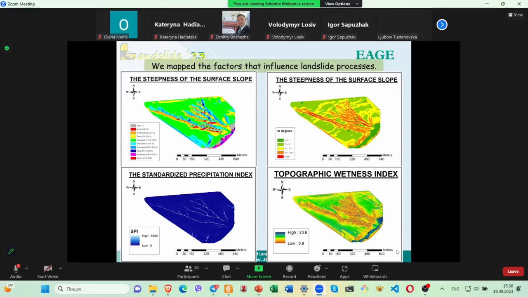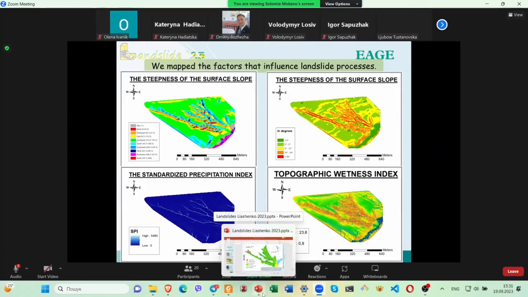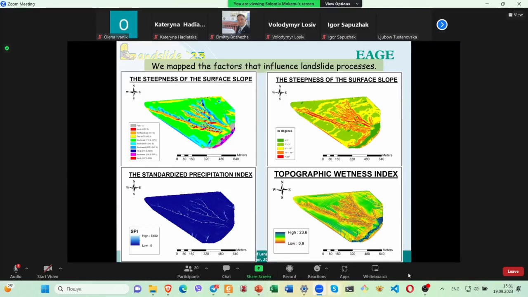The TWI map is comparable with the slope map, as steeper slopes have less moisture. The development of landslide processes in the study area occurs in the presence of steep slopes, with an aquifer in overburden or water-resistant rocks.